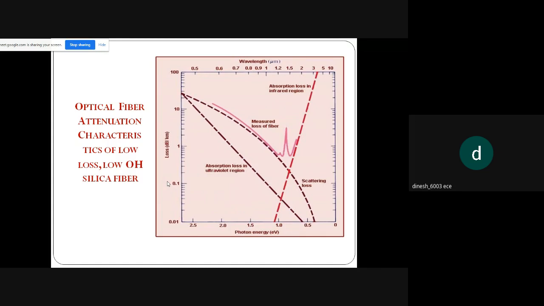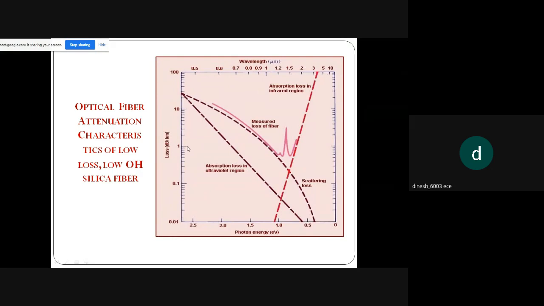So here is an illustration of the optical fiber attenuation characteristics of low loss, low OH silica fibers. You can see that the upper axis is indicated with the wavelength measured in micrometers, 0.5 to 10 micrometers, or you can express this in nanometers also.